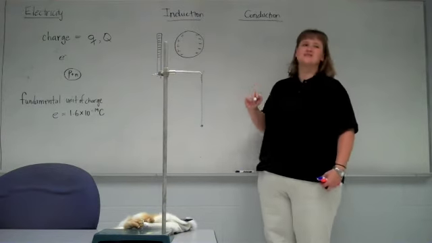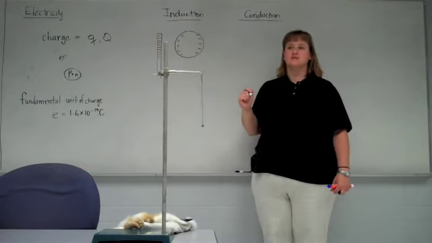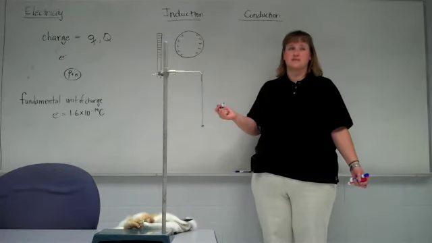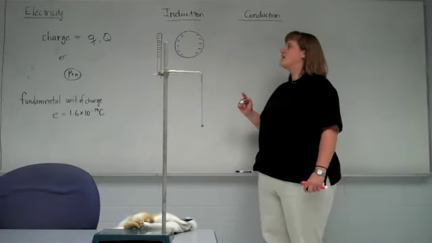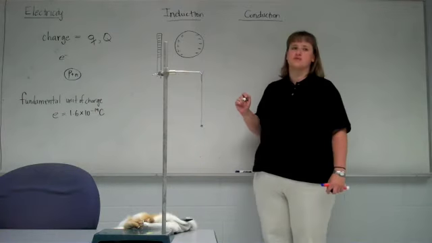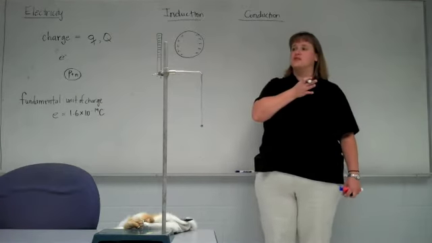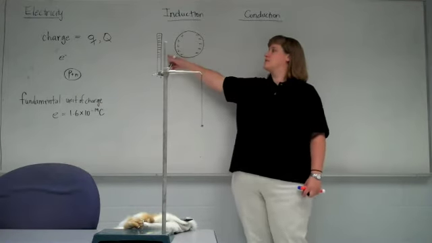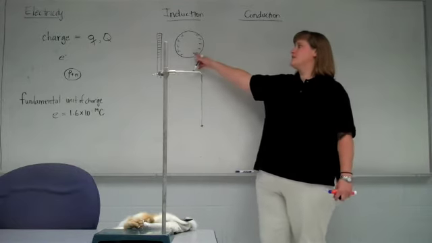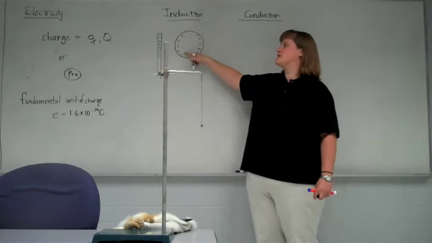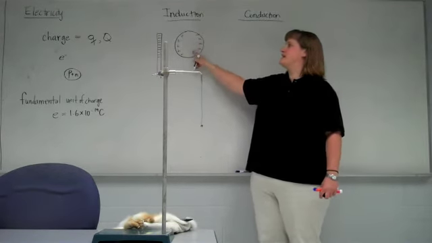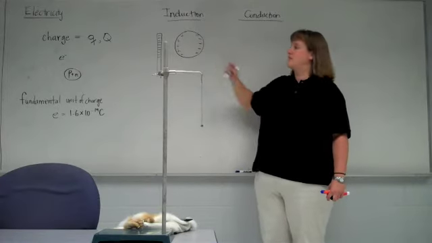The whole ball is still neutral. It still has the same number of protons and electrons. All that has happened is that the charge is rearranged. The electrons move to the other side to get away from this rod. So in effect, we're inducing a positive charge on this side and a negative charge on this side.